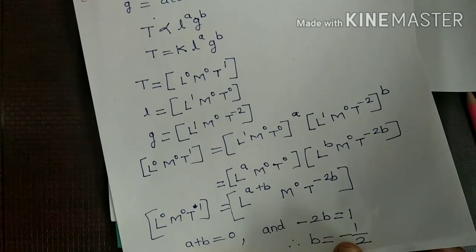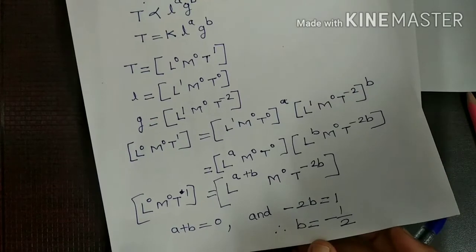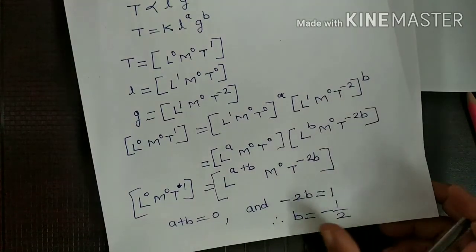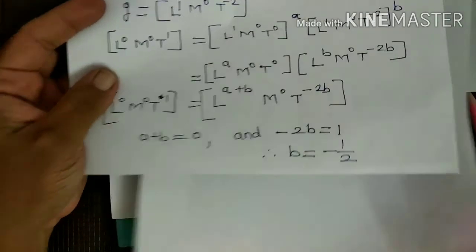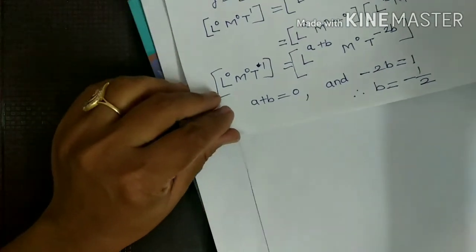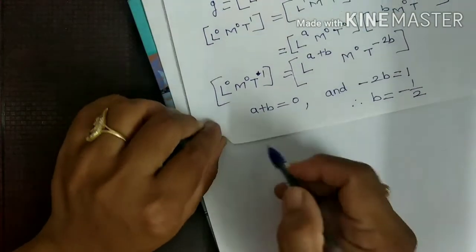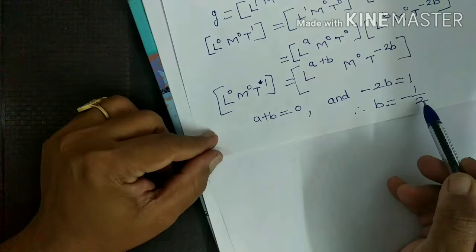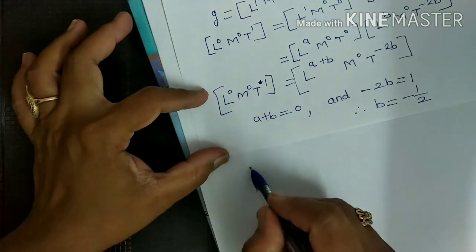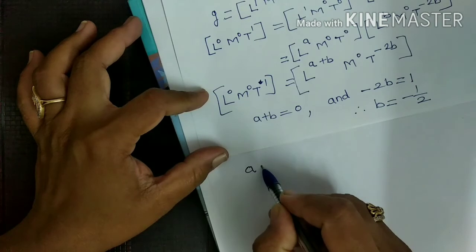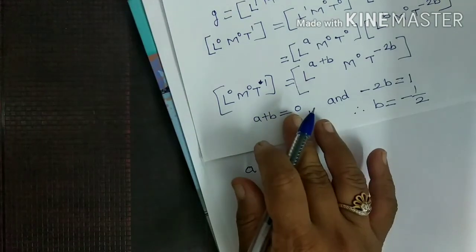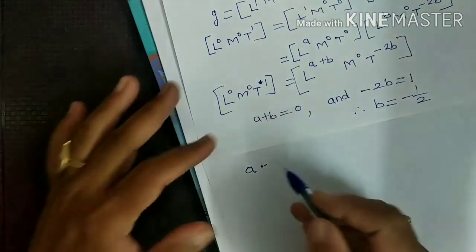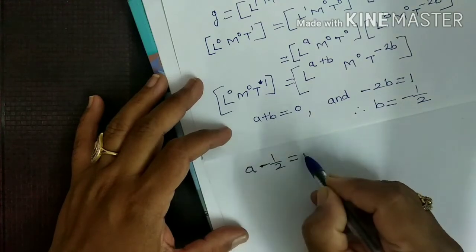Then substitute this value in the equation a plus b is equal to 0. Substitute b is equal to minus 1/2 in this equation, that is a minus 1/2 is equal to 0.